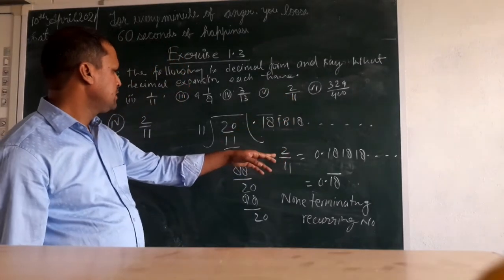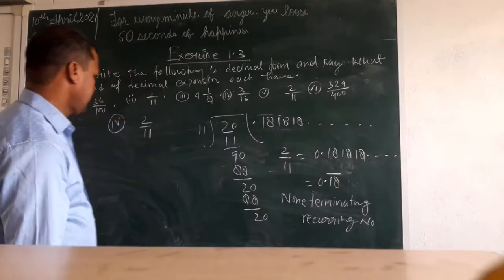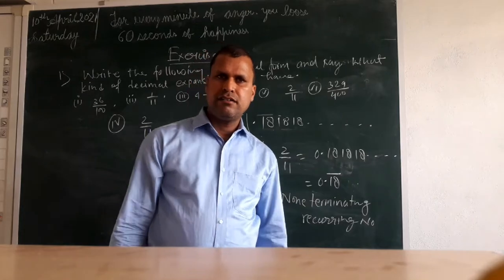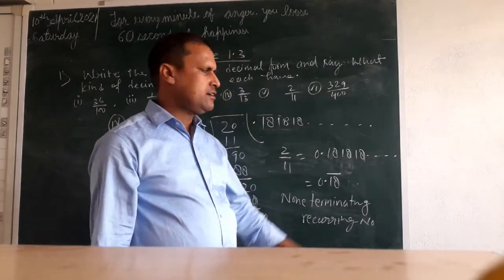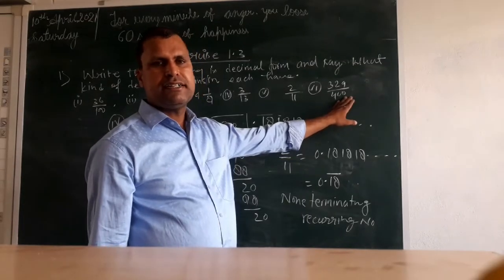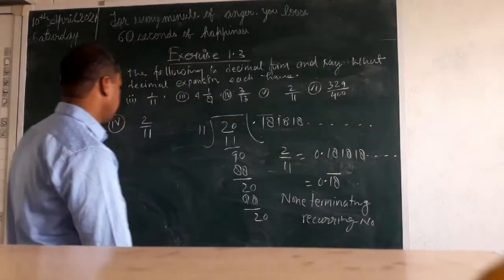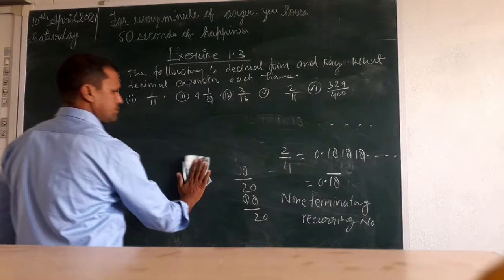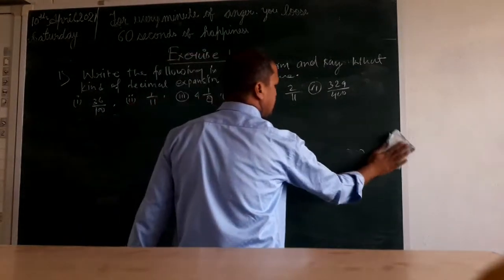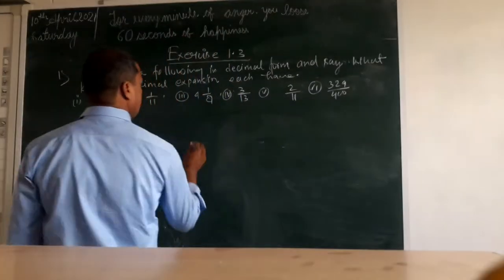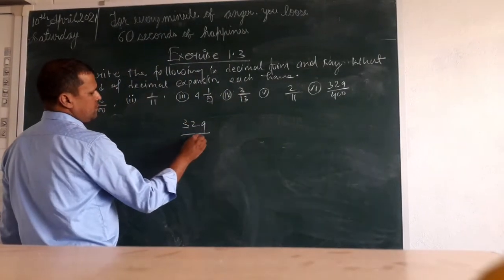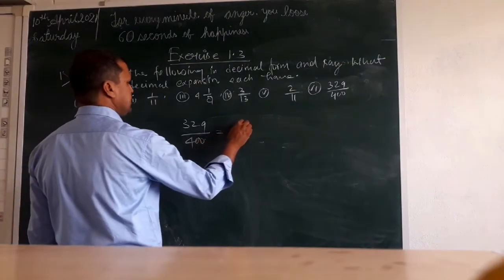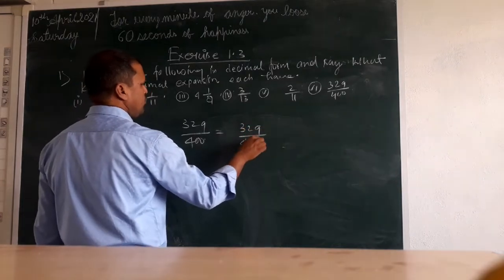Similarly, you can find this one. 400 has both 2 and 5 as factors, so it is a terminating number. 329 by 400 can be written as 329 by 4 into 100.